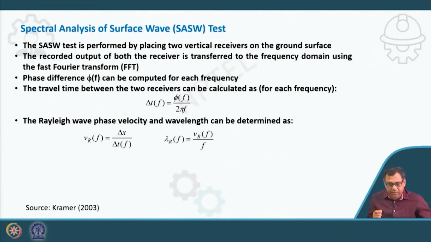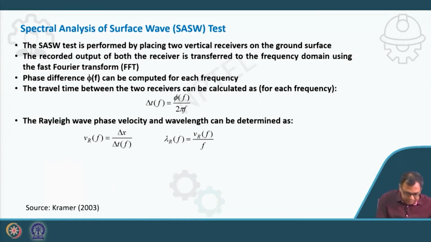So, next I will discuss the spectral analysis of surface waves, or SASW test. The SASW test is performed by placing two vertical receivers on the ground surface.